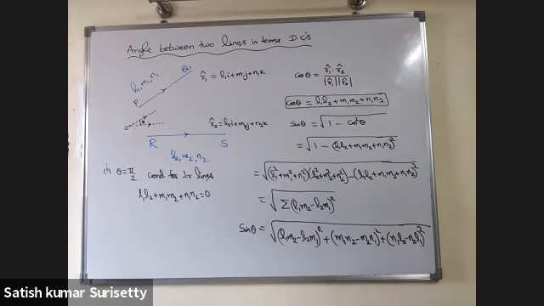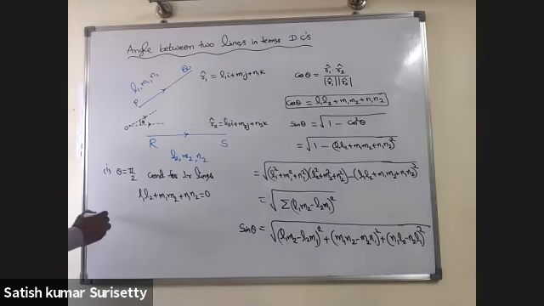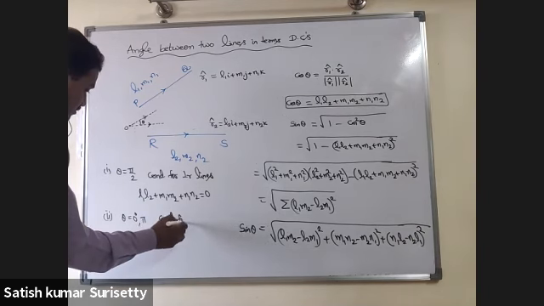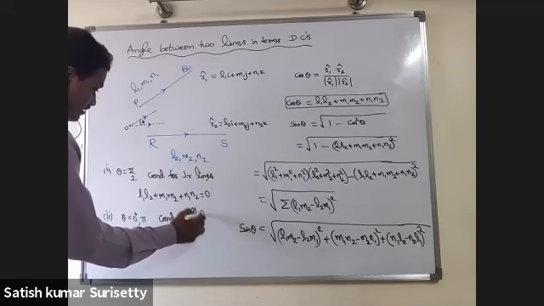Next, condition for parallel lines: theta equal to 0 or pi.